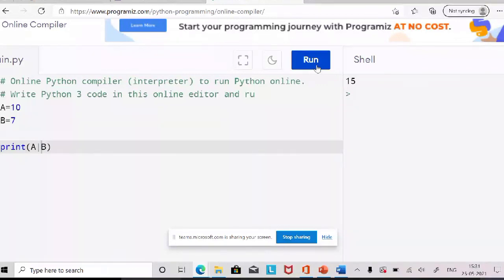Then we got this cap, that is exclusive OR, and how much? 13, right? So did you get that 13? So that means whatever we just performed is absolutely right.